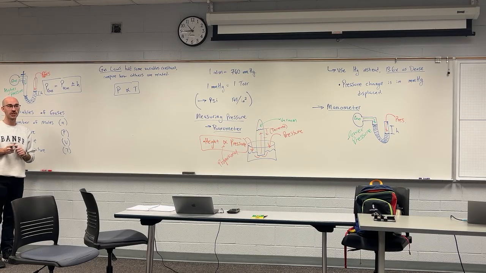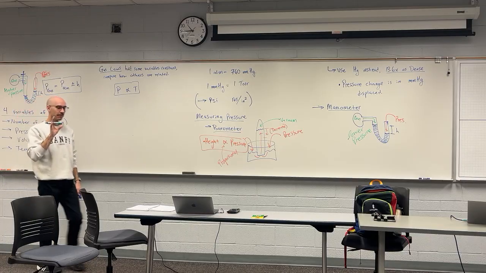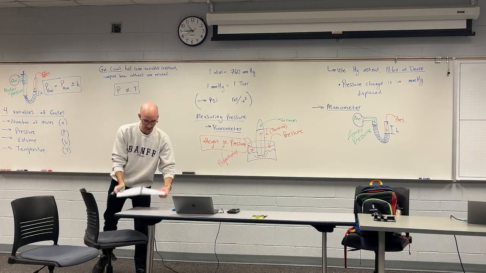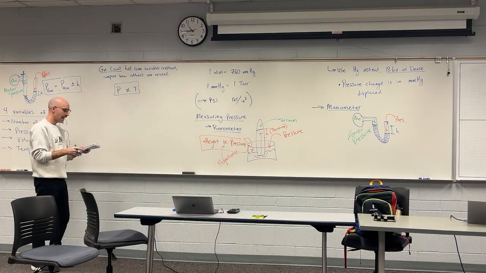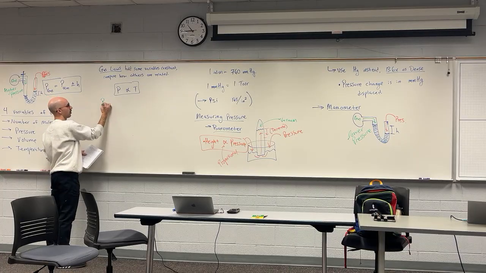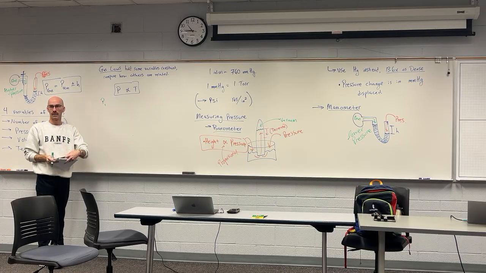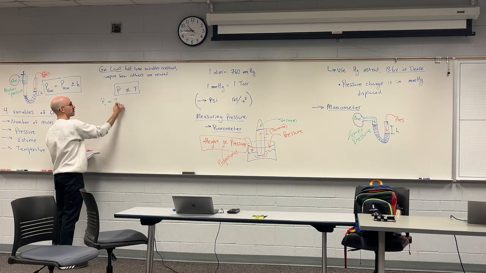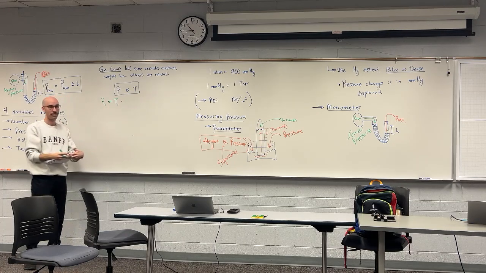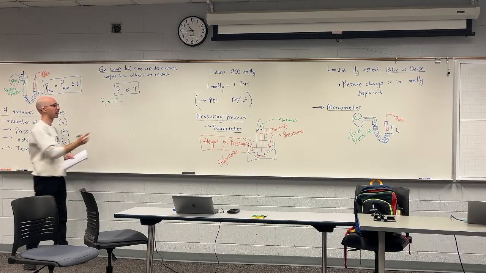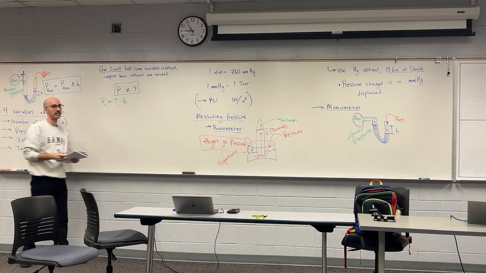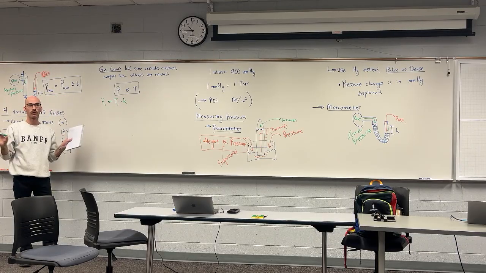There's just a proportionality. So let's say that I measure the pressure at a specific instance. I'll call this pressure 1. And that pressure is equal to the temperature at that time if I multiply by some constant k. What is k?